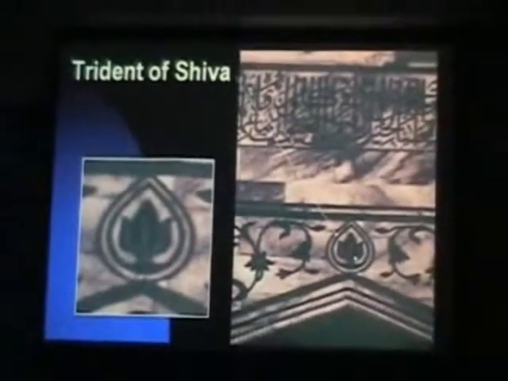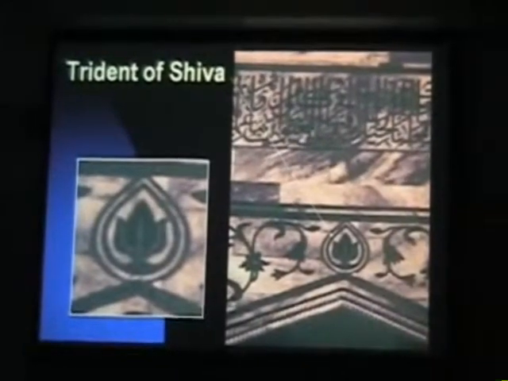And sometimes in the corner of the archway, in the shoulder, we have this type of symbol, which I believe is a symbol of the trident of Shiva. And here it is again at a smaller scale. Here is the trident set into a flower.